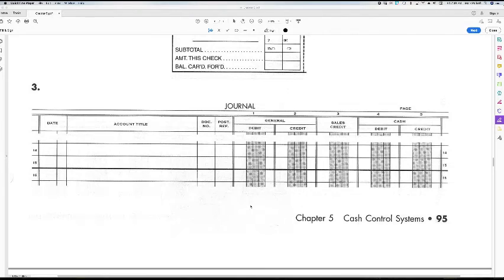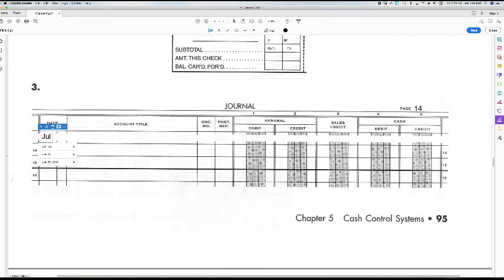Right, so now we're going to be moving on to part 3, which is the final part of this work together. And the first thing that we're going to do here is put in the page number, which is 14. Next, we are going to record the date, which is July 29th. Then, we are going to put in our account title, which is miscellaneous expense.